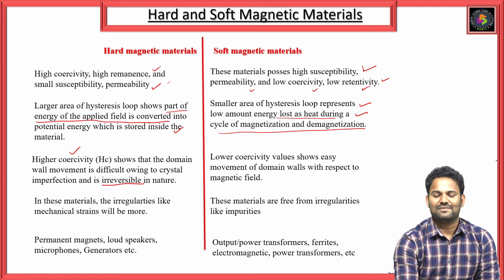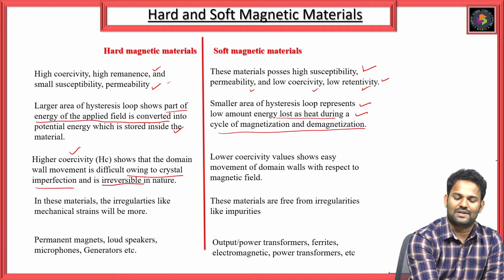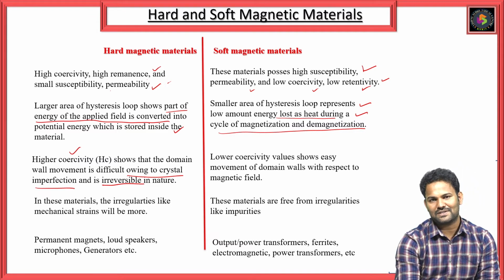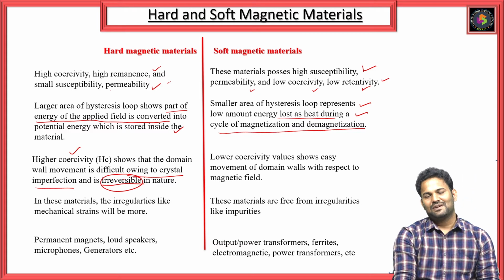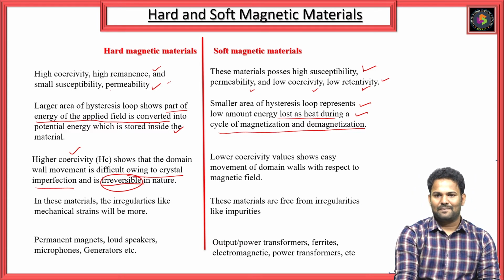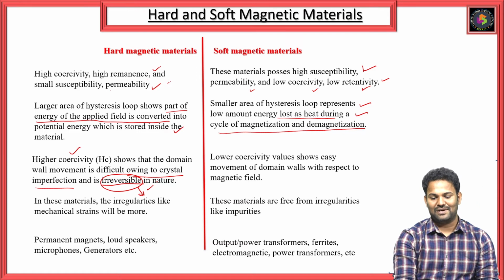So the coercivity will decide the domain wall movement, which is difficult owing to crystal imperfections, as well as irreversible in nature. That means once we magnetize a ferromagnetic material, hard magnetic material especially, it won't be demagnetized. So that is irreversible in nature.